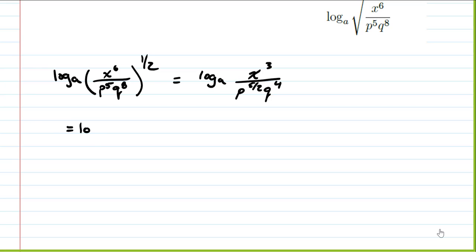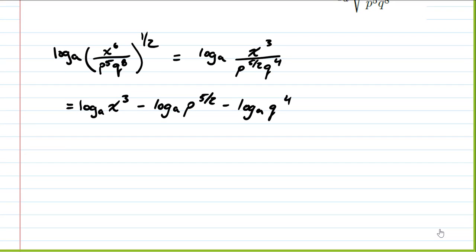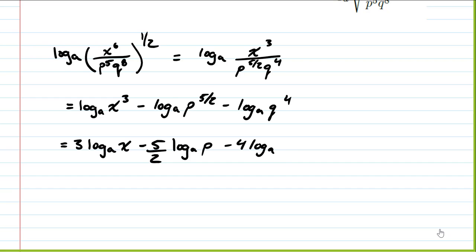So I get the logarithm base a of x cubed minus the logarithm base a of p to the 5/2 minus the logarithm base a of q to the 4th. And then we move all of our exponents out in front. So 3 times log base a of x minus 5 over 2 logarithm base a of p minus 4 times the logarithm base a of q.